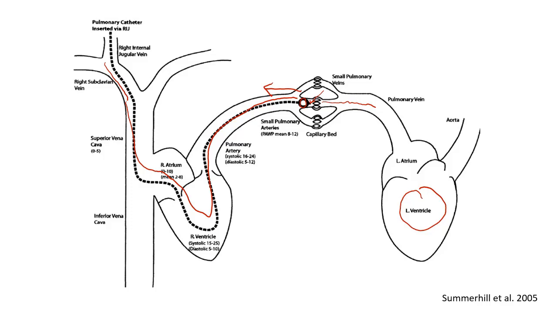However, if we use pressure as a surrogate, then that's what the Swan-Ganz catheter helps us do by getting a pulmonary artery occlusion pressure. So it's saying, what's the pressure in the pulmonary vein, which should be equal to the pressure in the left atrium, which should be equal to the diastolic filling pressure of the left ventricle.